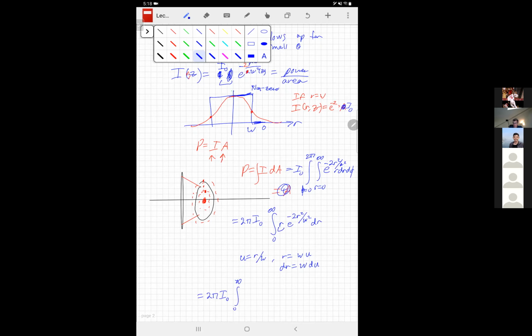Let's see, r is wu, dr is w du, so I get a w squared e to the minus 2u squared du. Oh, there should be a u du.